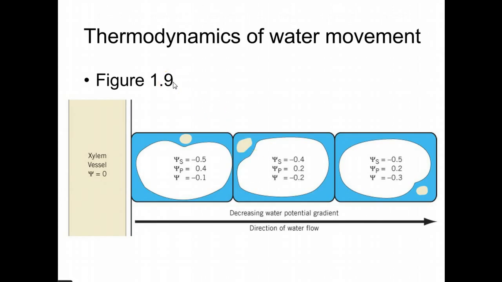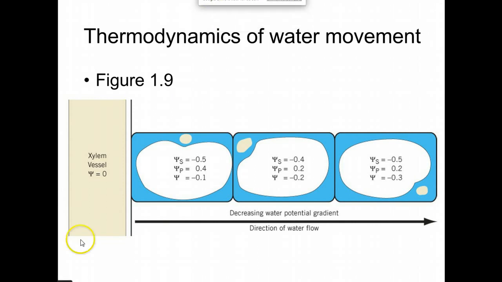So let's look at how water moves in a system. In the xylem vessel, the water potential is equal to 0. Okay? Now, that's water. It's got some stuff solubilized in it, and probably under normal conditions the pressure is actually a little bit on the negative side.